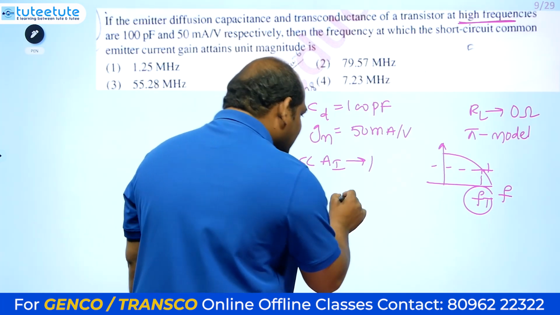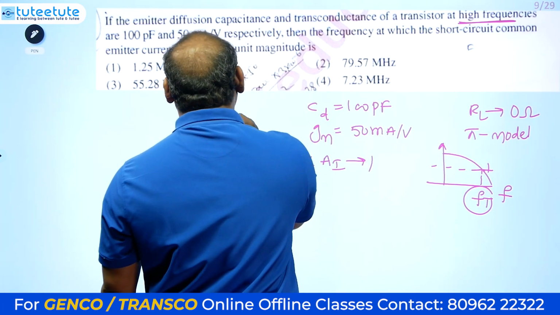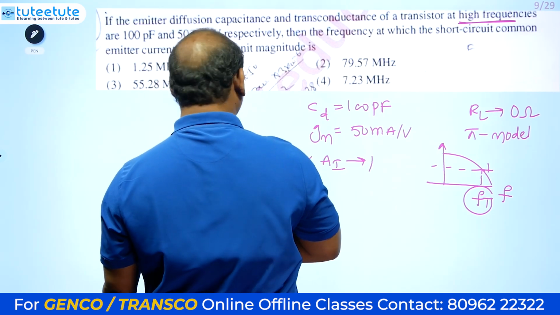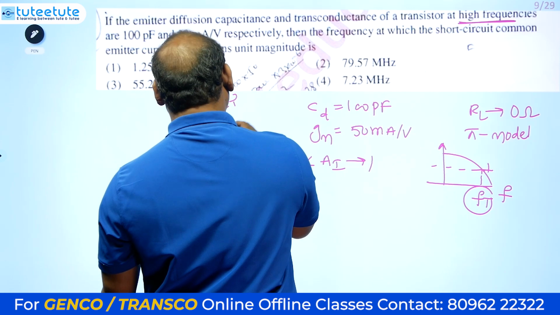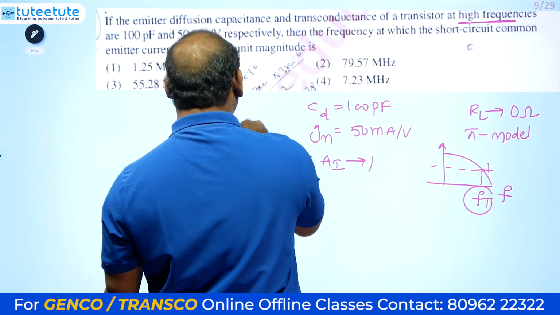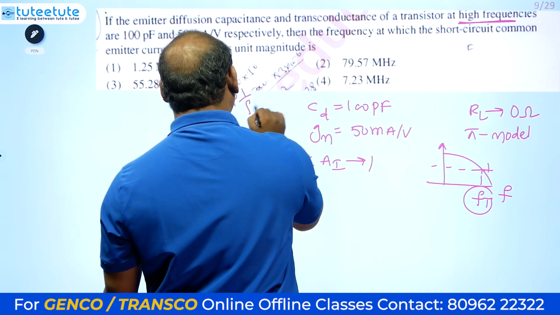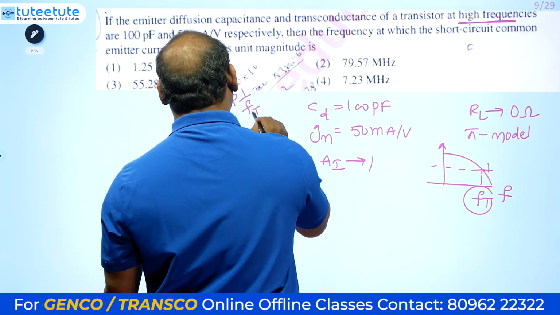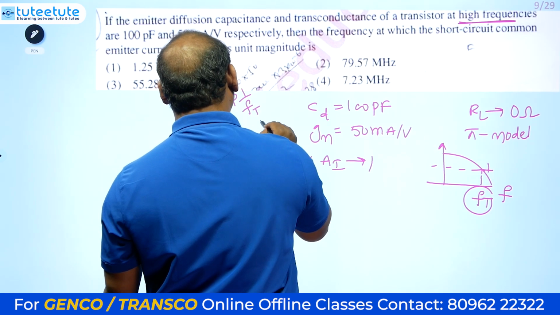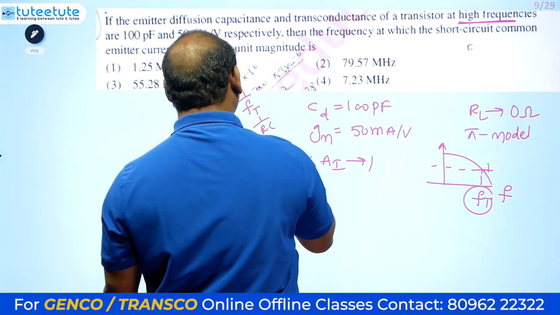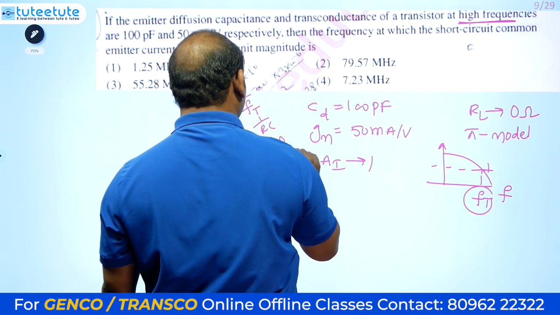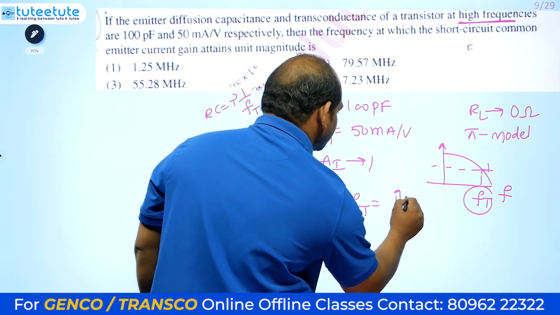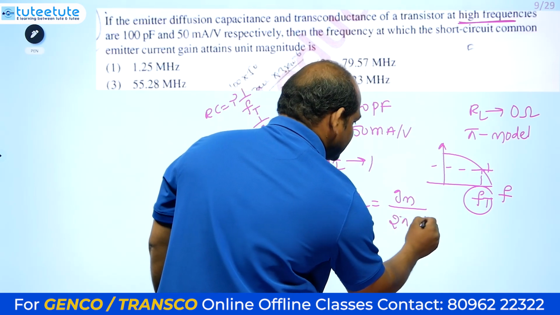It is basically given using the RC equal to time constant formula only. RC is equal to tau, that means 1 by f, like this you take 1 by T. So fT is equal to 1 by RC, that means gm by C diffusion times 2 pi. This formula: fT is equal to gm by 2 pi CD.